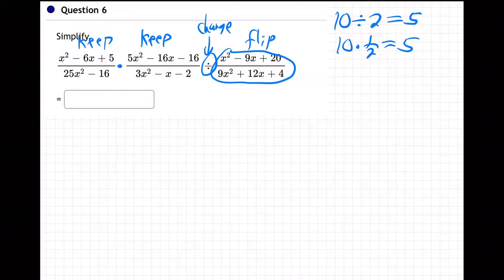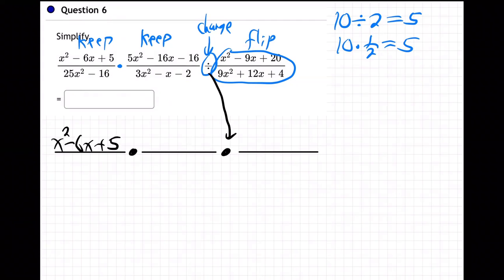So that's what I do here. So let me bring these down. I'm going to keep the first 2 the same. A little bigger here. I have a little more room. Okay, and it's going to become times, and then this one is going to change to times also. The first one, I just keep it the same. I'm going to factor it in a minute. The next one, keep it the same. All right, keep and keep. Why? Because they're just multiplied. We don't change them.